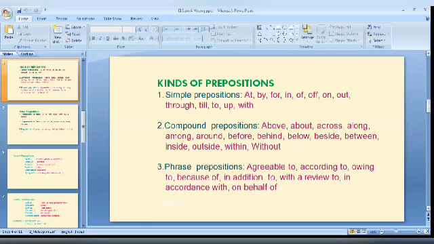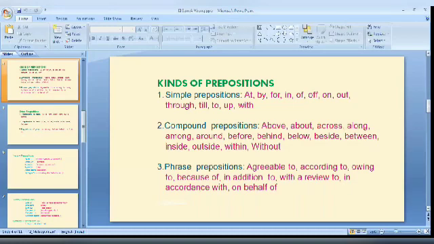For example, if we take the preposition across in compound preposition, we use this preposition that is in between something. For example, Telangana government built a dam across the Godavari.